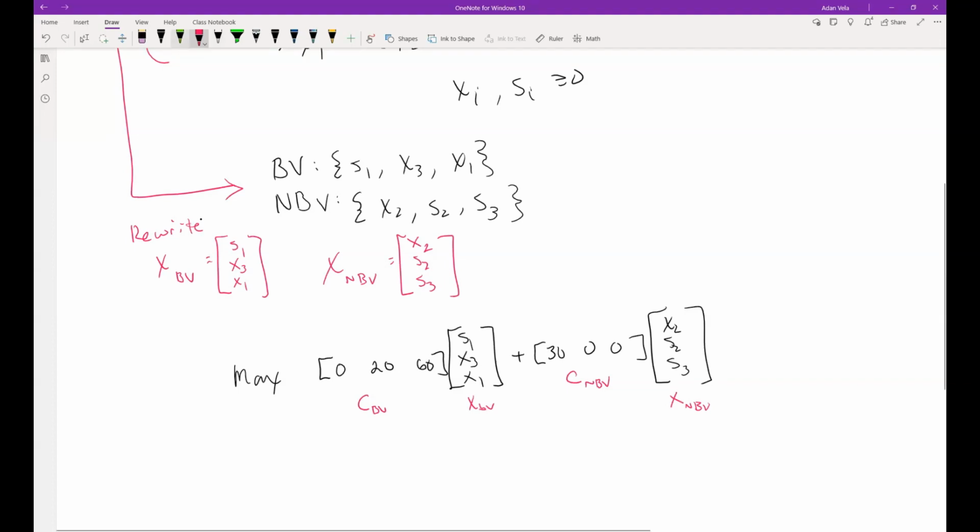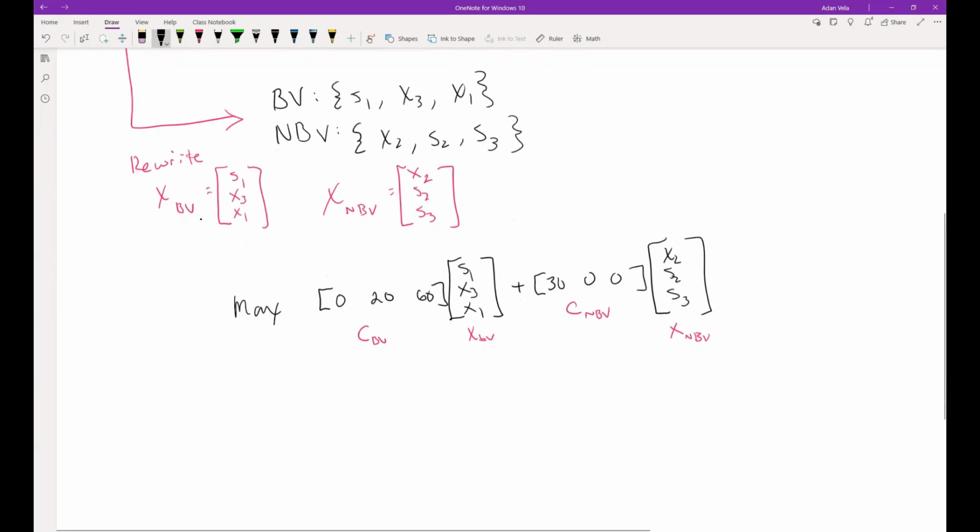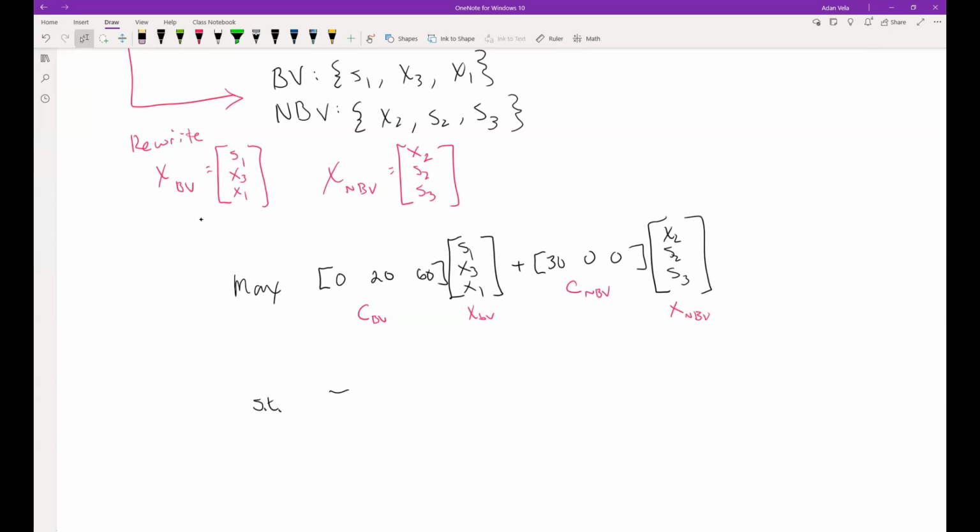Okay, all right, so we're going to apply this similar idea of splitting up our data into two different parts, our constraints into two different parts. All right, so normally we would have AX is equal to B, right?